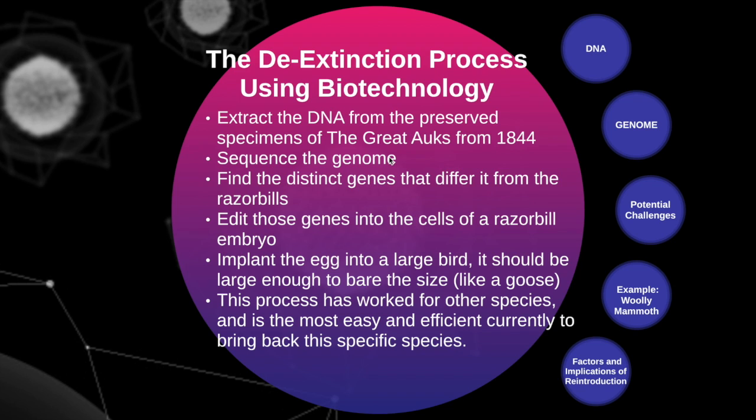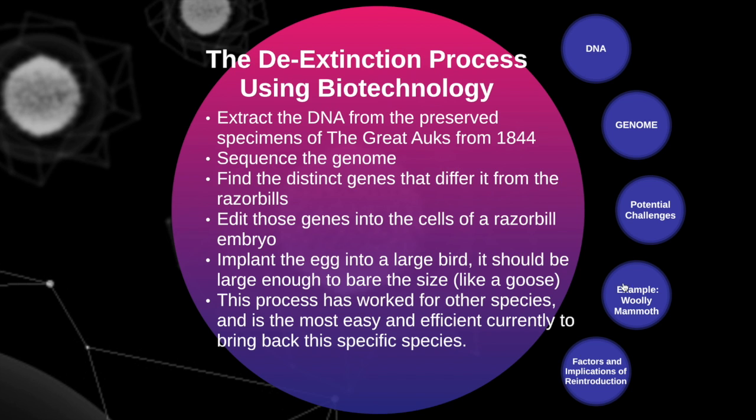And the large bird should be large enough to bear the size of the egg. So probably something like a goose. And this process has also worked for many other species. And currently it is the easiest and most efficient way to bring back the great auks.